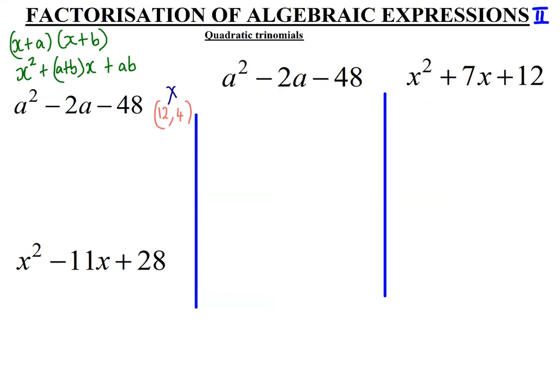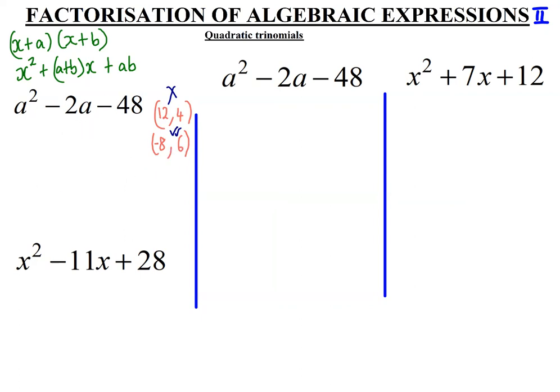We can have 8 and 6. On the 8 and 6, if we say 8 minus 6, we get +2. So we can't have a negative on the smaller number; we need the negative on the bigger number. So we have -8, and this becomes our factors: -8 and +6.